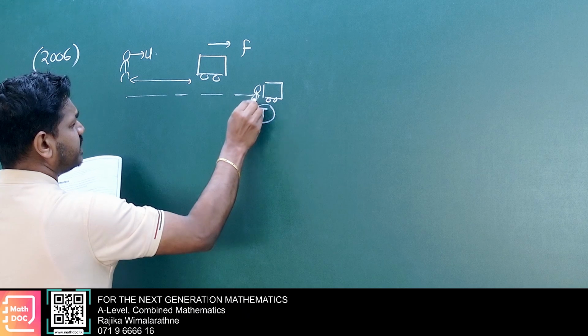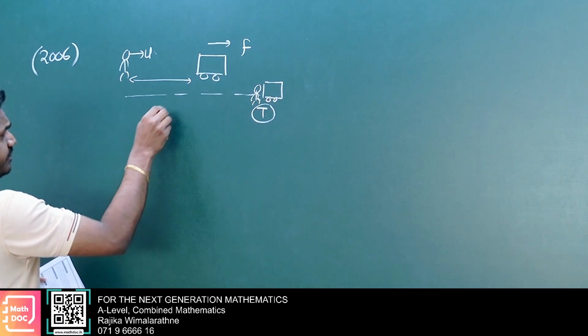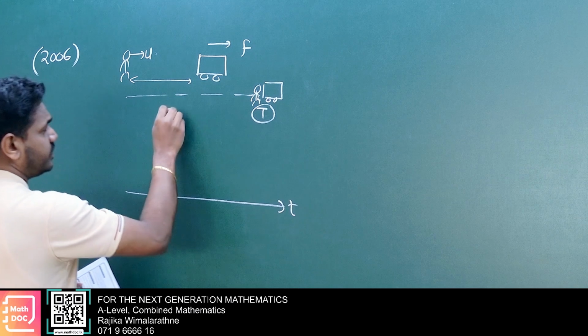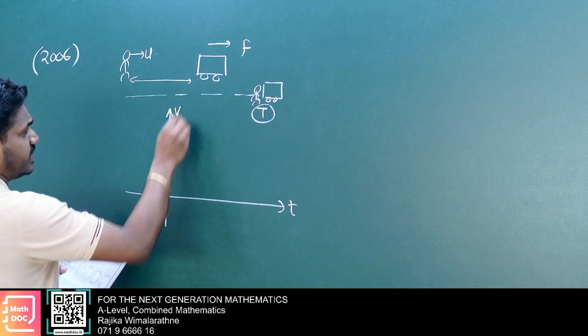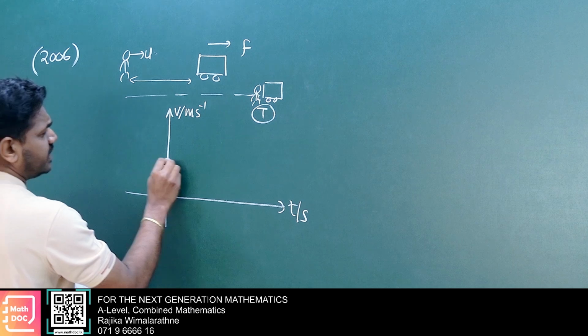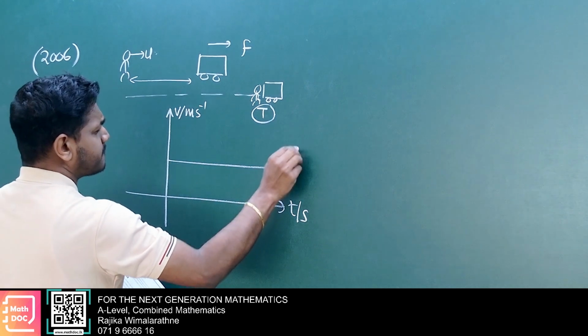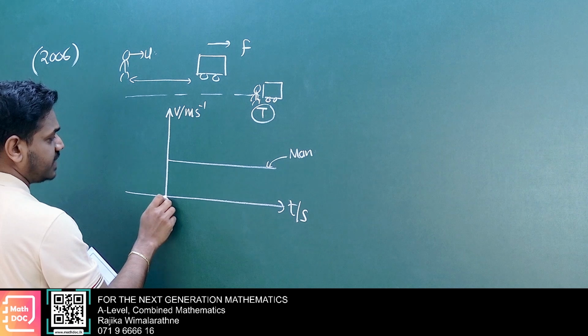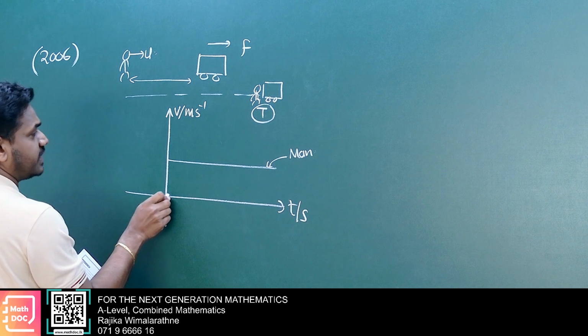So here is the question. Here time, velocity given in meters per second, here in seconds, here the man. The bus and the man start at the same time. Then here the bus accelerates with alpha.